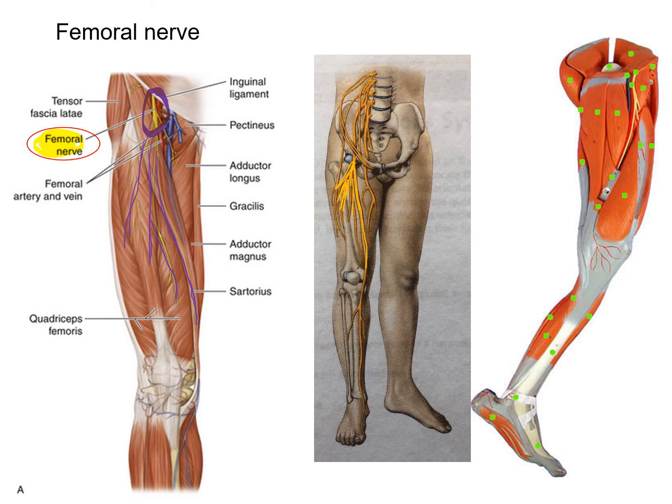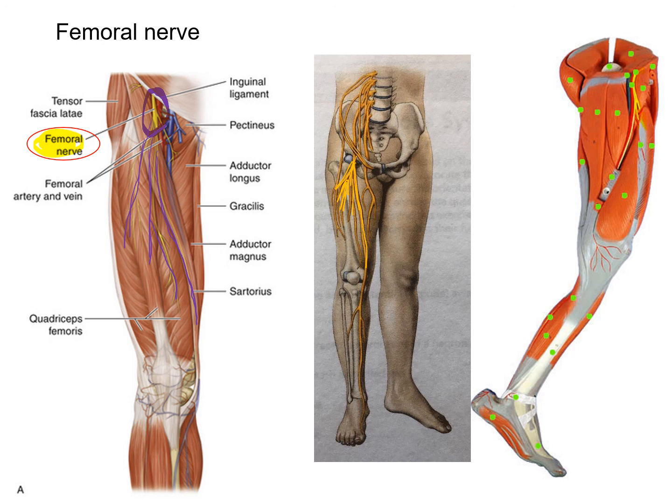And if you look on the model here, this is a photograph of the lower limb model in medial view. It might look a little odd because the gastrocnemius and the soleus have been removed, as well as the sartorius. And we can see the femoral nerve up here at the top.